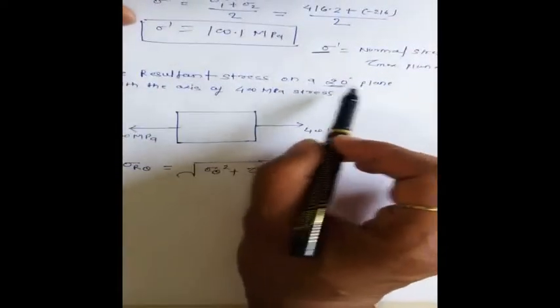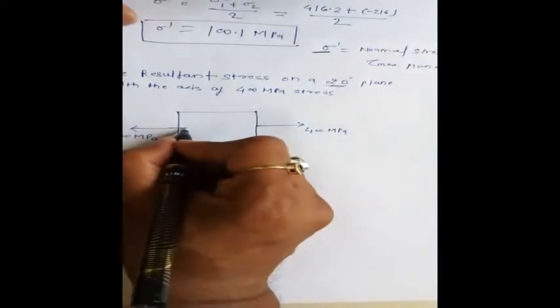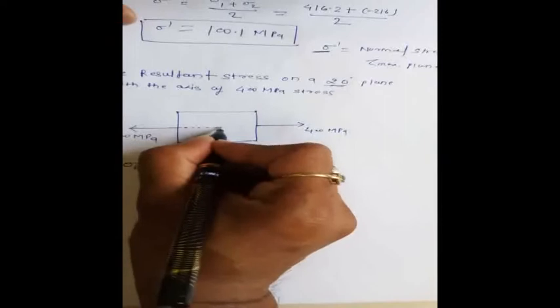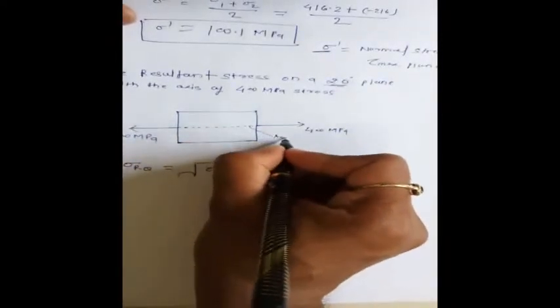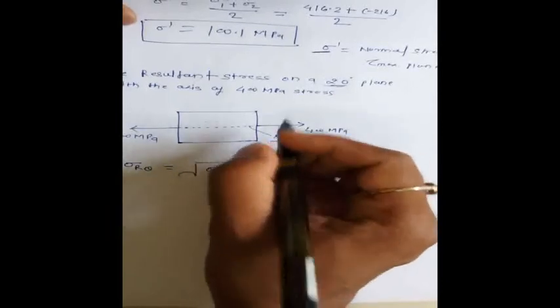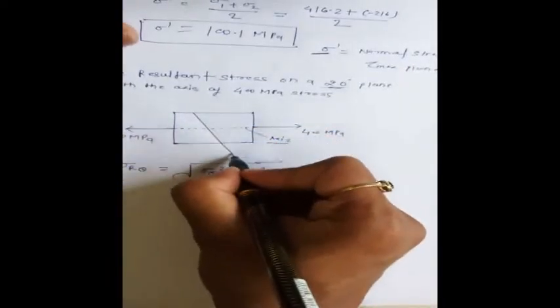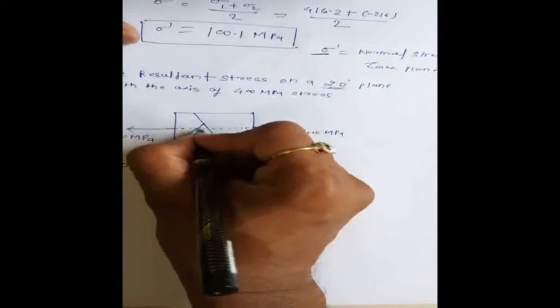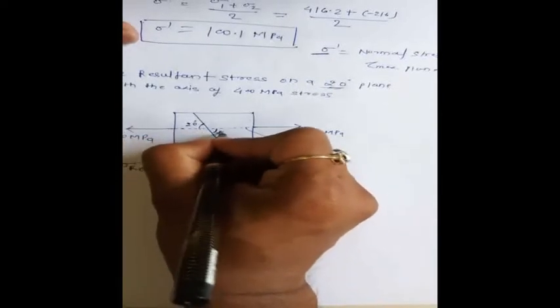Now the question is asking to find the resultant stress on a 20 degree plane with the axis of 400 megapascal. So this is the 400 megapascal, and we have to draw the axis from this 400 megapascal. Now the resultant stress we have to find on a 20 degree plane with this axis. So I draw the 20 degree plane from this axis.